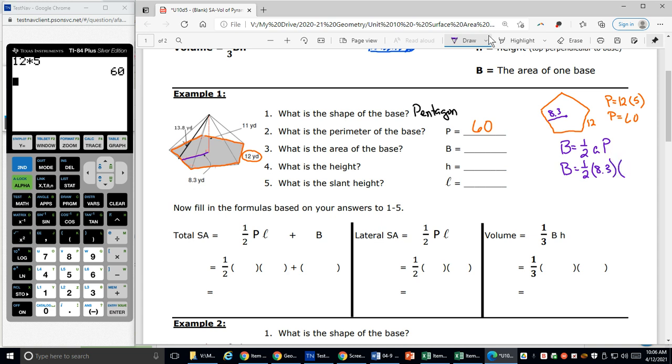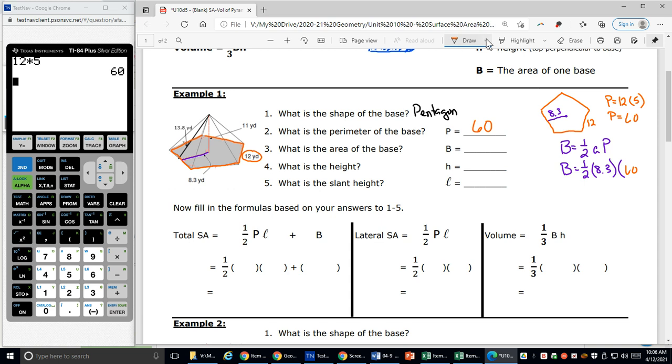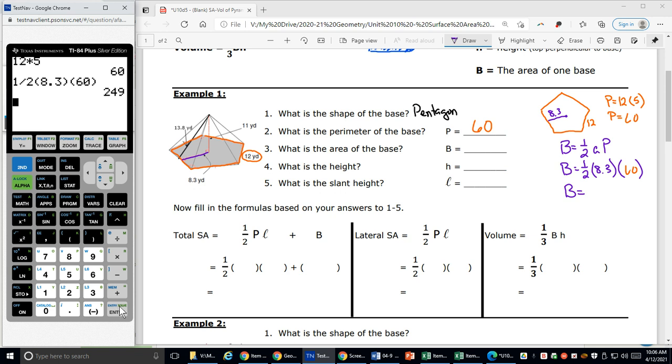And my perimeter, we already found that the perimeter is 60. So that's already been done for me. So for the area of my base, I'm going to go to my calculator. 1/2 times 8.3 times 60 is 249.